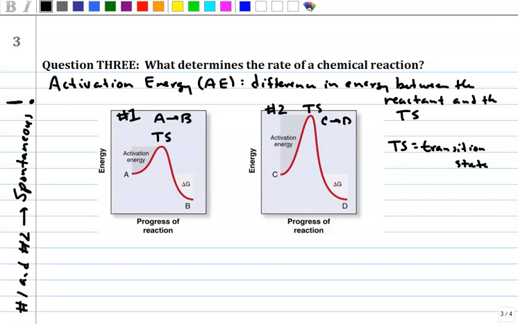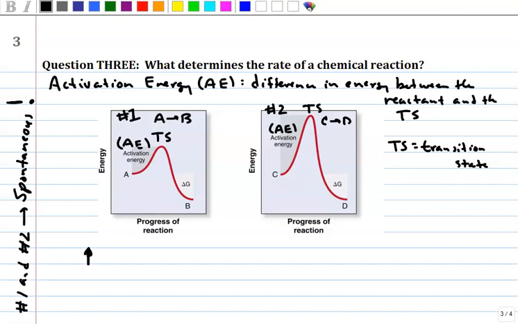You have to look at the difference in energy between the reactant, in this case A, and the transition state. In reaction 2, the difference in energy between C, the reactant, and the transition state. I think you can clearly see here that the activation energy for reaction number 1 is much smaller than the activation energy for reaction 2, because the difference between the reactant and the transition state is much smaller. So here's the general rules.